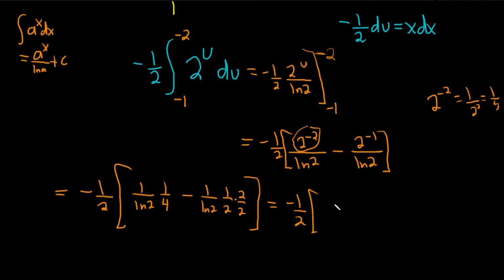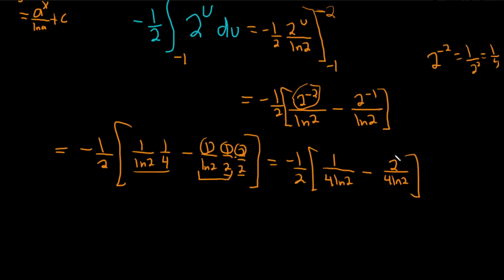It'll be, write it like this, 1 over 4 ln 2 minus, and then look at this, 2 times 1 is 2, and then 2 times 2 is 4, so 4 ln 2. Maybe I didn't do that the cleanest way, but my goal was to get an LCD, right? 4 ln 2. We had 2 ln 2, so I multiplied by 2 over 2 to get the 4, okay?